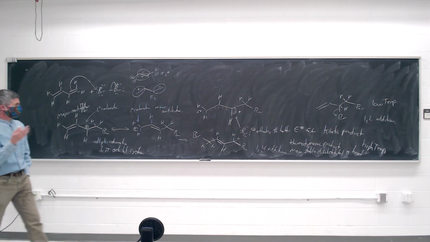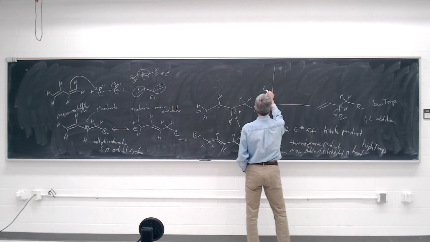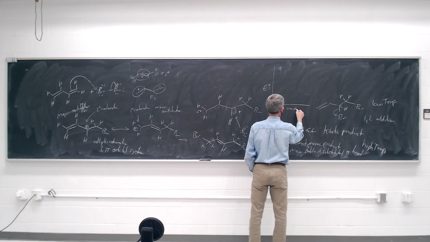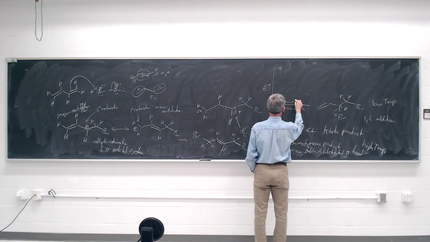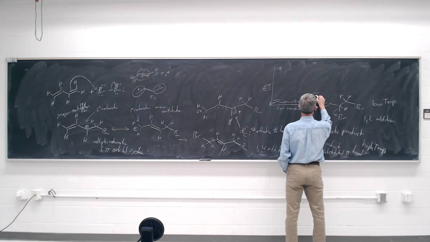So you have an energy diagram for these two reactions. Over here you've got the more stable product. Over here you've got the less stable product.